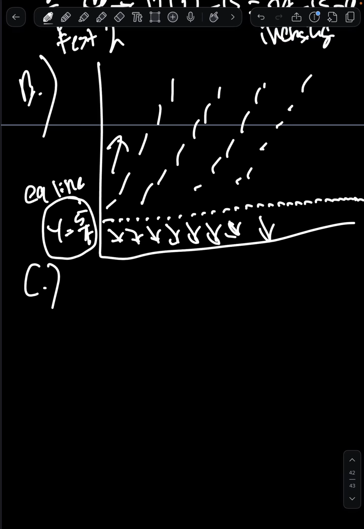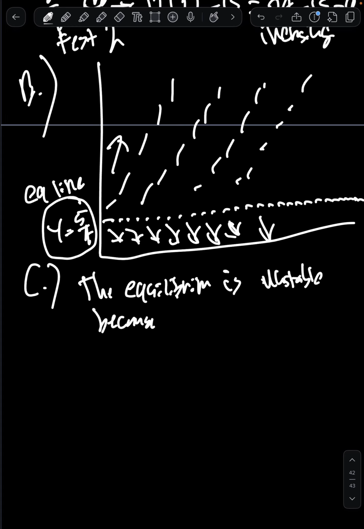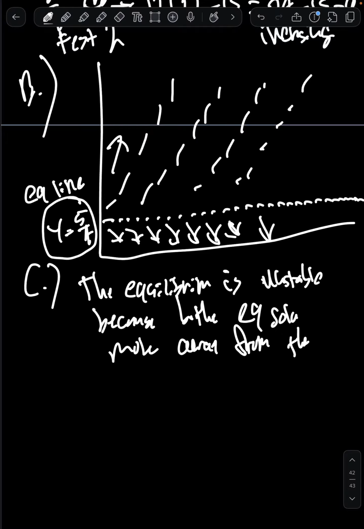So the answer for part C is that the equilibrium is unstable because both equilibrium solutions move away from the equilibrium line. So that's the part C answer.